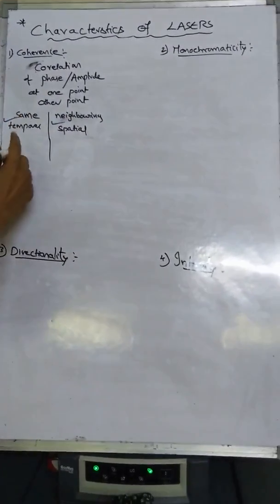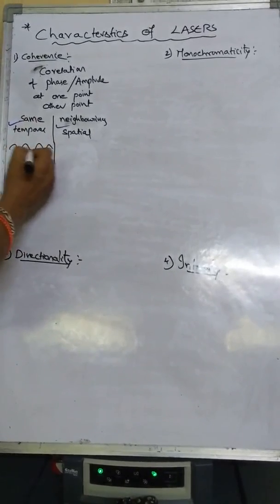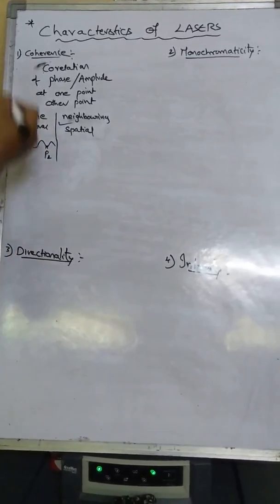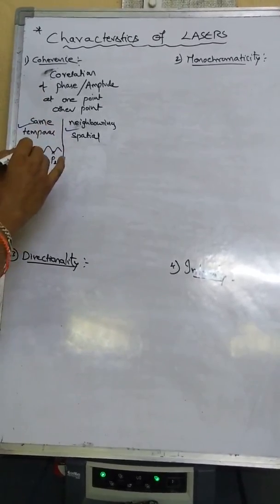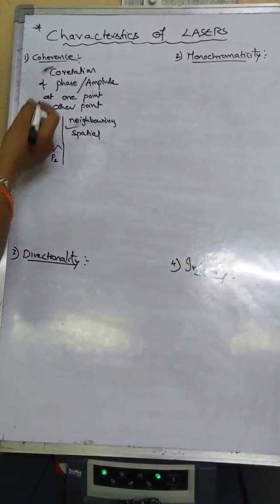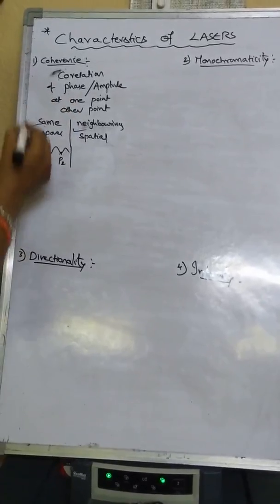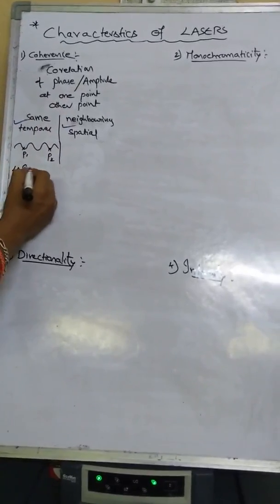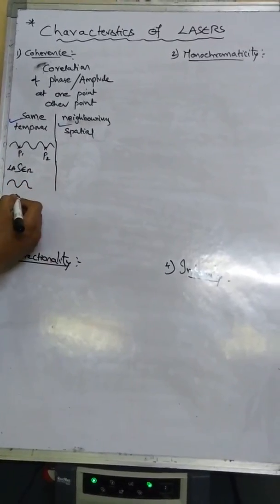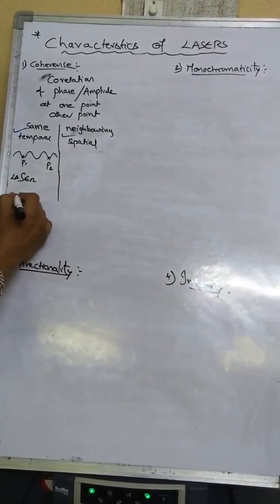As I said, temporal coherence is when we consider a wave and 2 points on it, and these 2 points maintain the phase relation. The laser light definitely obeys the condition of temporal coherence, because for ordinary light the photons are random due to spontaneous emission, but in a laser, due to stimulated emission, the photons are in phase.